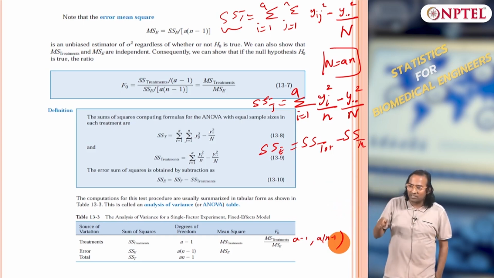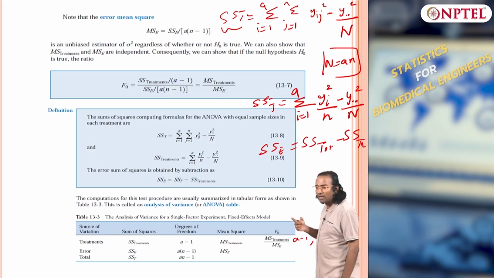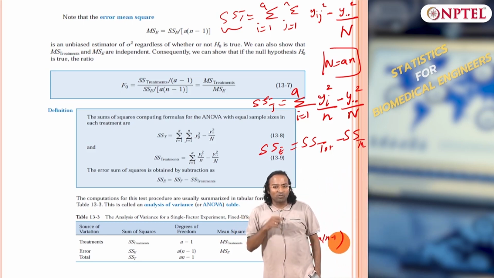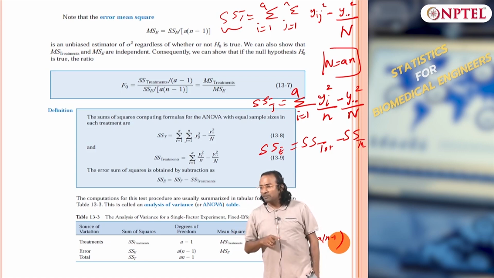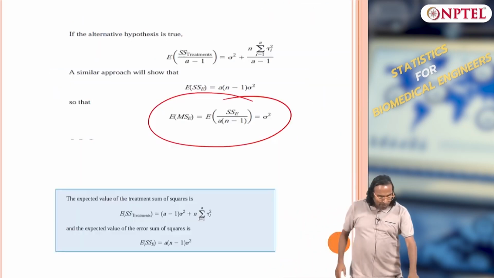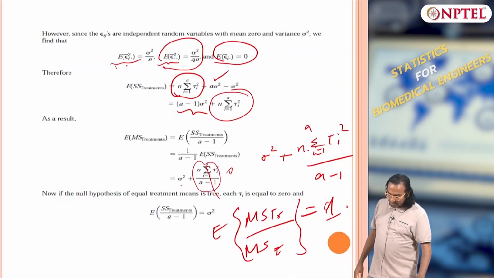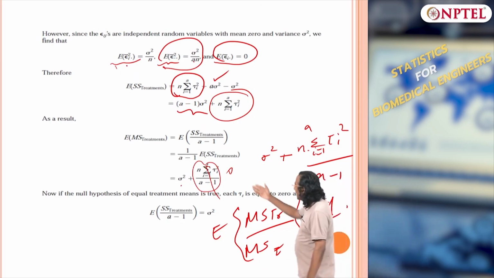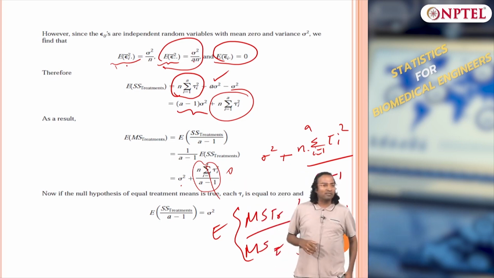F will be equal to 1 when all tau equal 0. That is only possible because I know the expected value of mean square treatment, right. The expected value of mean square treatment was composed of two parts, one is sigma squared, the other is the summation of tau i squared.